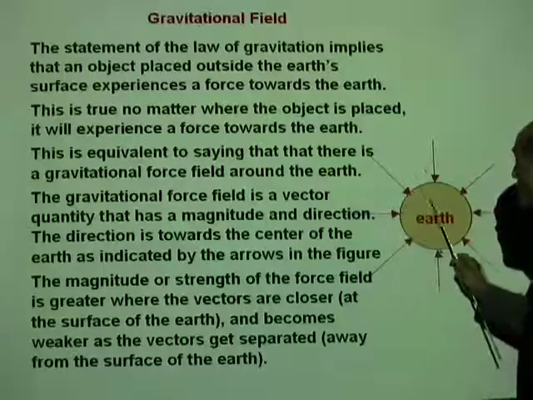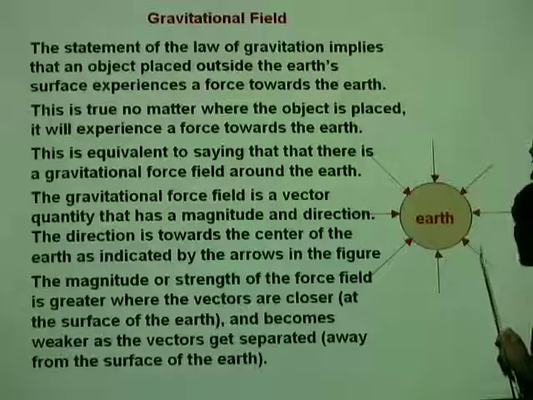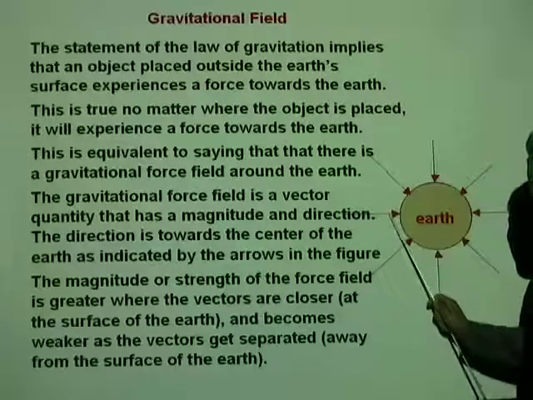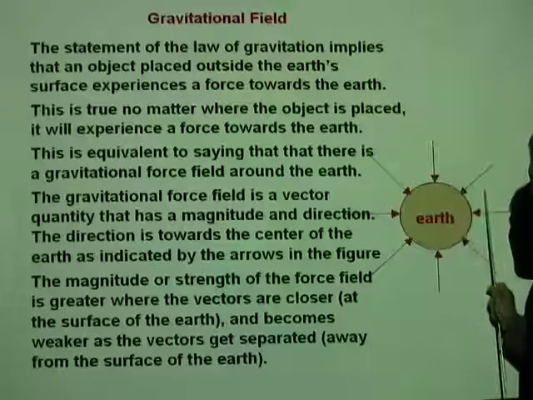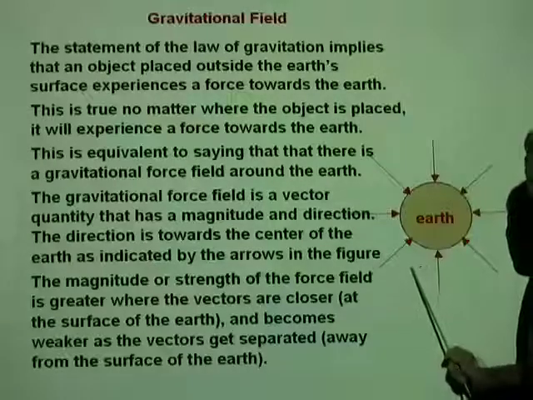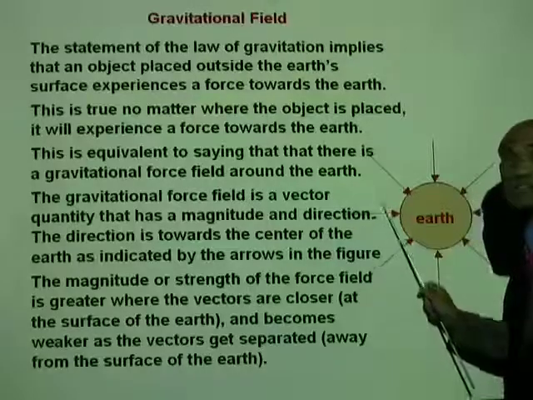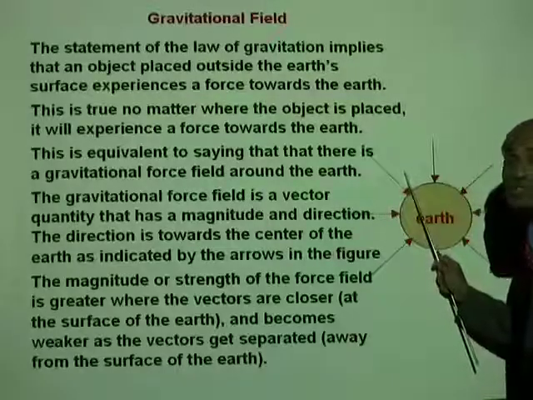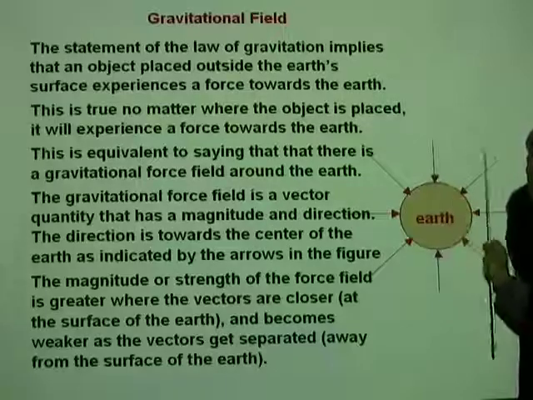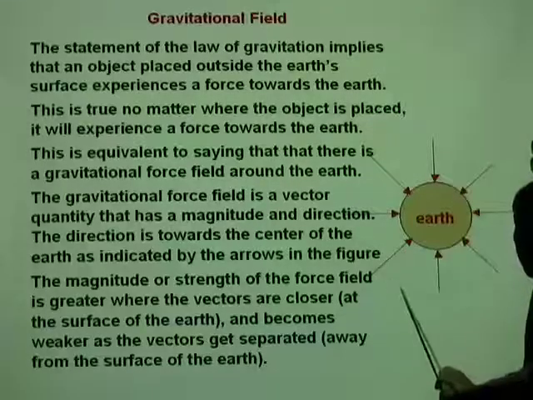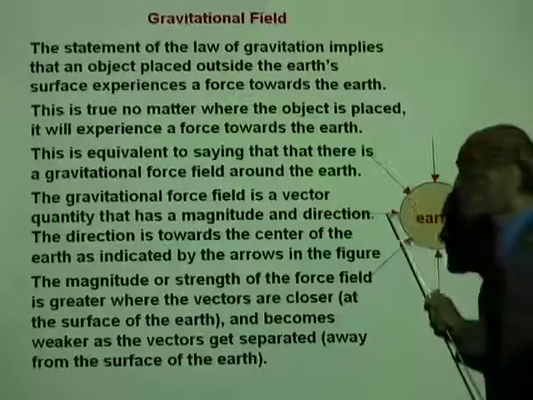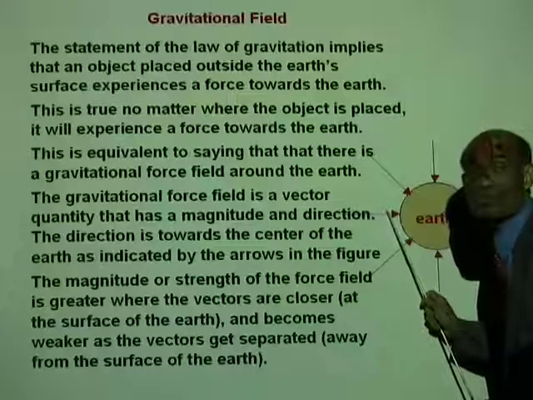Now look at my marker moving. Along this circle, the lines that represent the field are closer together than along this circle. That means the strength of the field is stronger.